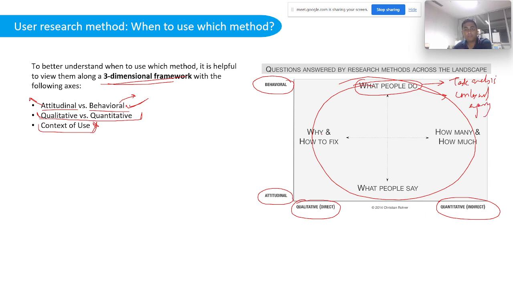Then how and why, and how to fix, is more cognitive. If you want to inquire about how and why people fix a particular problem, you may need to collect information from an attitudinal study. That can be an interview, or you can use think aloud protocol or cognitive walkthrough.